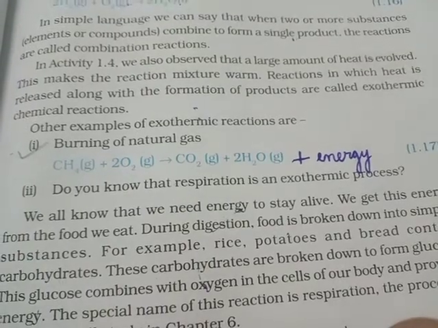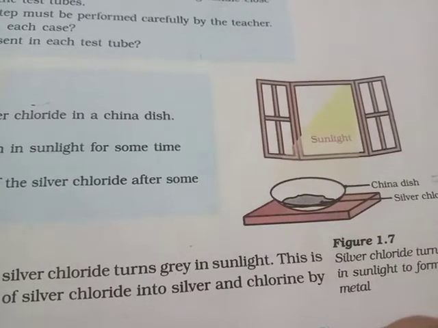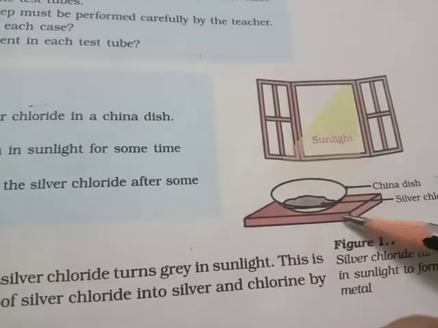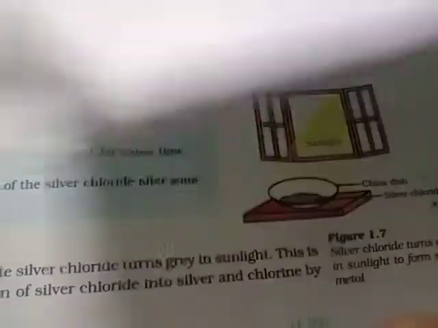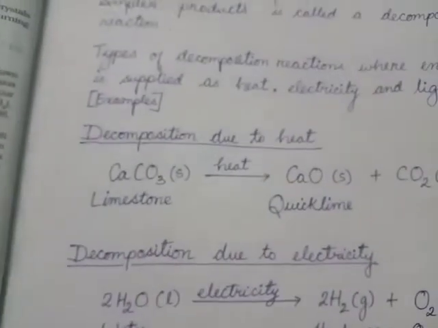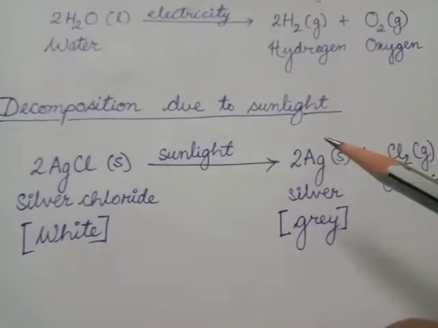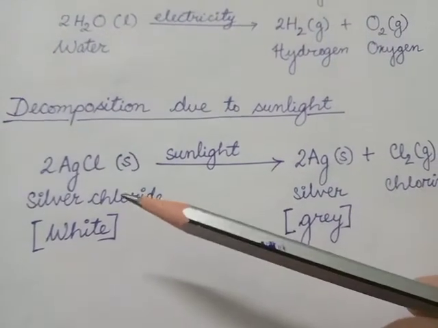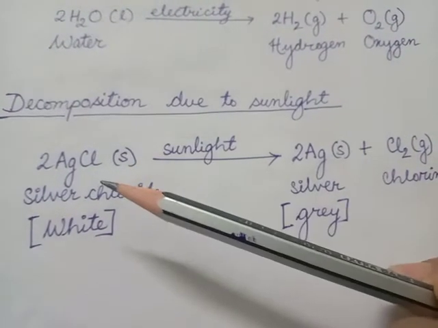Now let us look at examples of endothermic reactions. On page number 9, we can find that when white silver chloride is left under the sunlight, it turns gray. We have learned before that this is a kind of decomposition reaction, the equation for which is this one, decomposition due to sunlight. So this is an example of an endothermic reaction as well as a decomposition reaction.